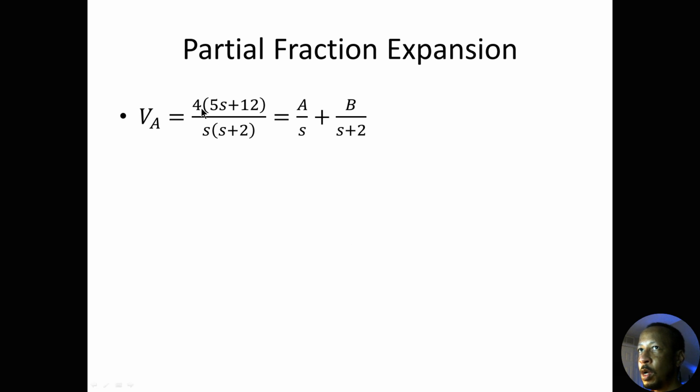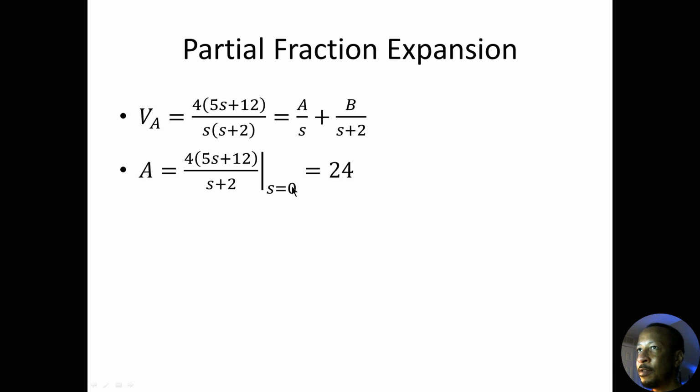And so you have your 4 times 5s plus 12 on the top, parentheses there. And so the denominator is going to be broken up into s and then s plus 2, with A on the top for s, B on the top for the s plus 2. And you're going to figure out what is A and what is B. So using partial fraction expansion, once you multiply your s on both sides here, you have this on the left side, and you have A by itself, and you have B being multiplied by s.